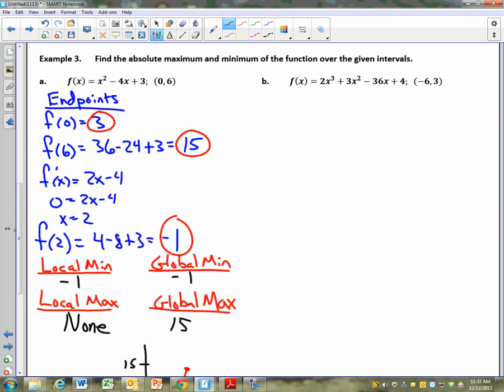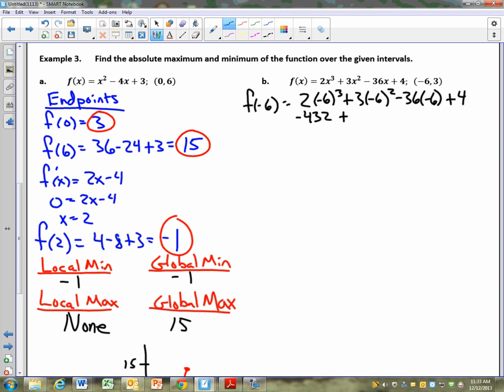Let's test our endpoints, f of -6. Oh boy. 2 times -6 to the third plus 3 times -6 squared minus 36 times -6 plus 4. -6 to the third is -216 times 2 is -432.